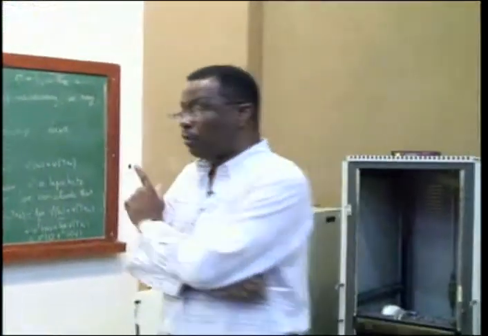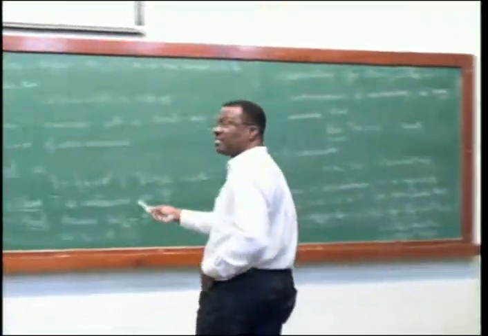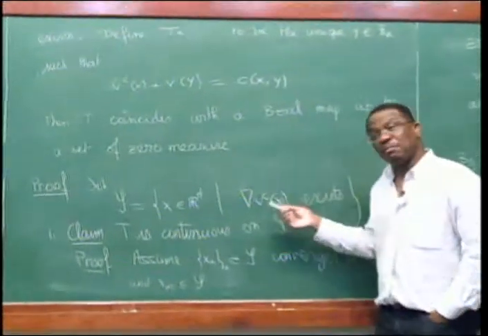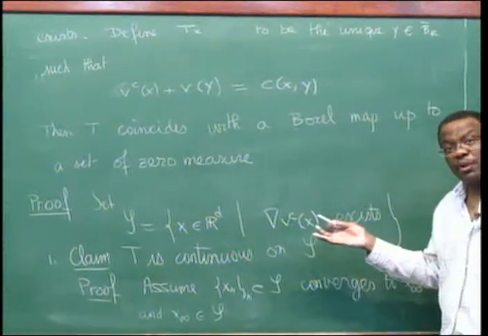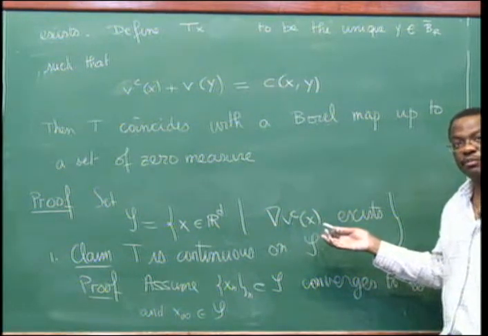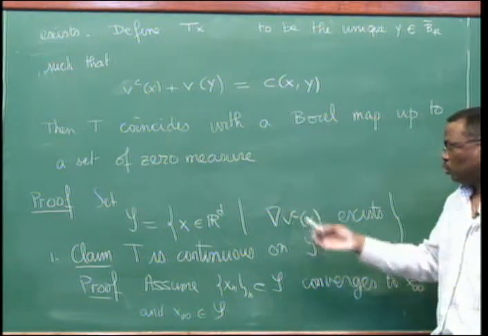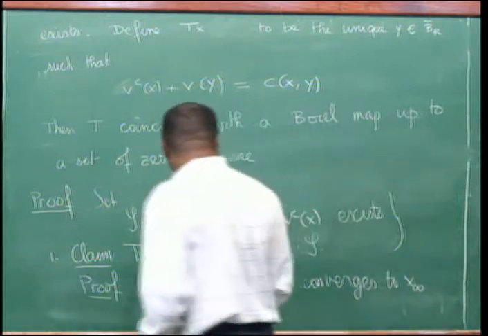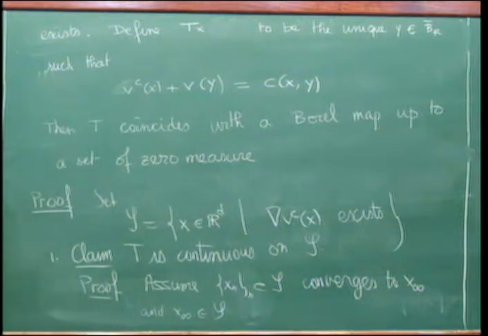But I have proved continuity on this set, and this set may not have some nice property. It may not be a set of full measure. And so I need to check that this set has some nice property.